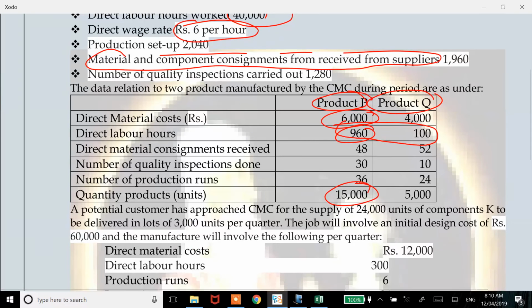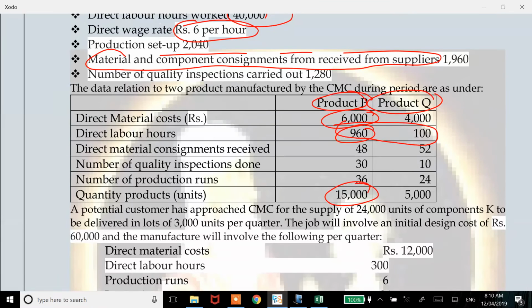How many consignments are received at an overall company level? At a company level it is 1960. That is P and Q put together is 100, 48 and 52. I'm not going to add P and Q because there are more other products in the company. You have product R, you have product S, you have product T. So we are only going to use the overall company number.